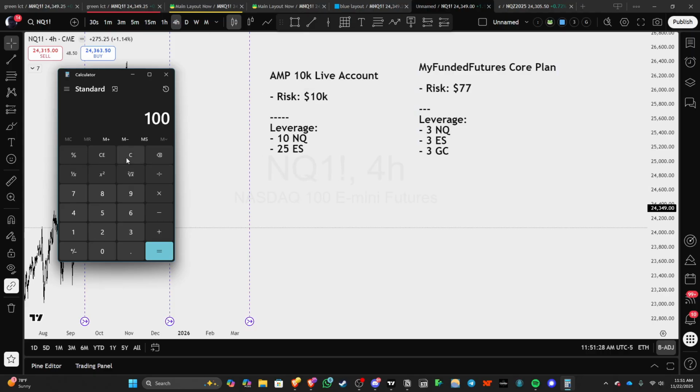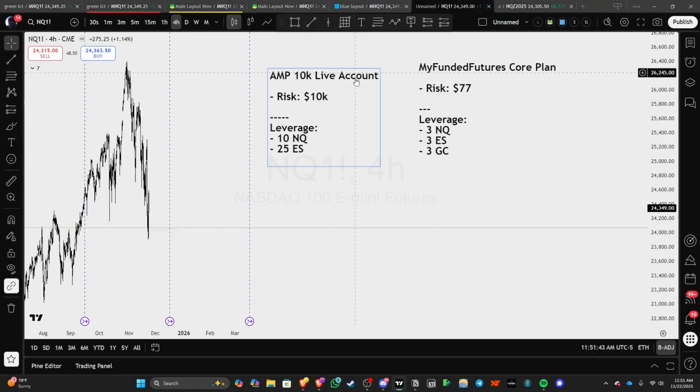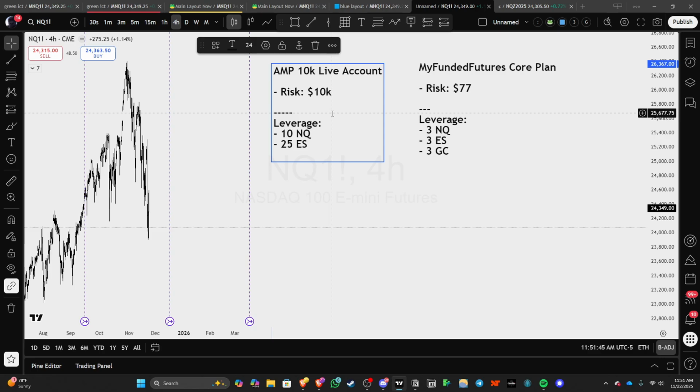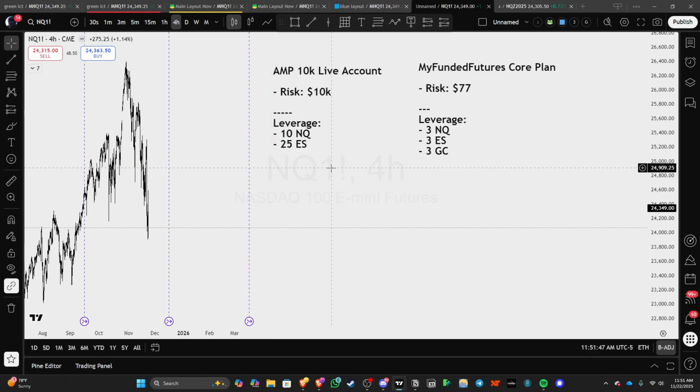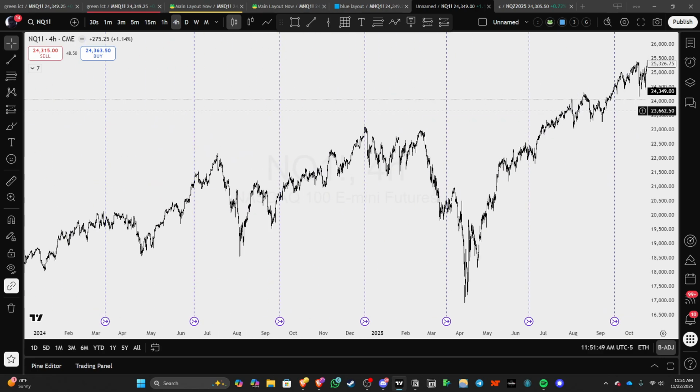With a live account, you need to fund it with 10k. This is the margin requirement, the risk you're putting in order to trade 10 NQ. And what I mean by you're risking the whole account, even though obviously you're not going to full port the trade, is that you're not going to be risking the whole account on the trade, but inherently you are.